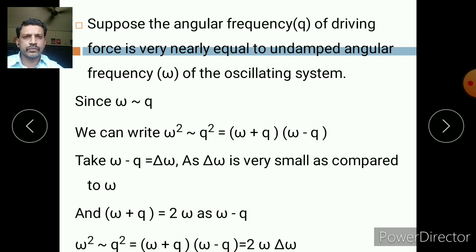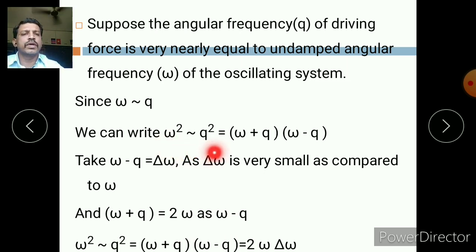So here also omega square minus q square is nothing but (omega plus q)(omega minus q). Take omega minus q equal to delta omega, because omega is approximately equal to q. As delta omega is very small as compared to omega, therefore omega plus q is nothing but 2 omega.